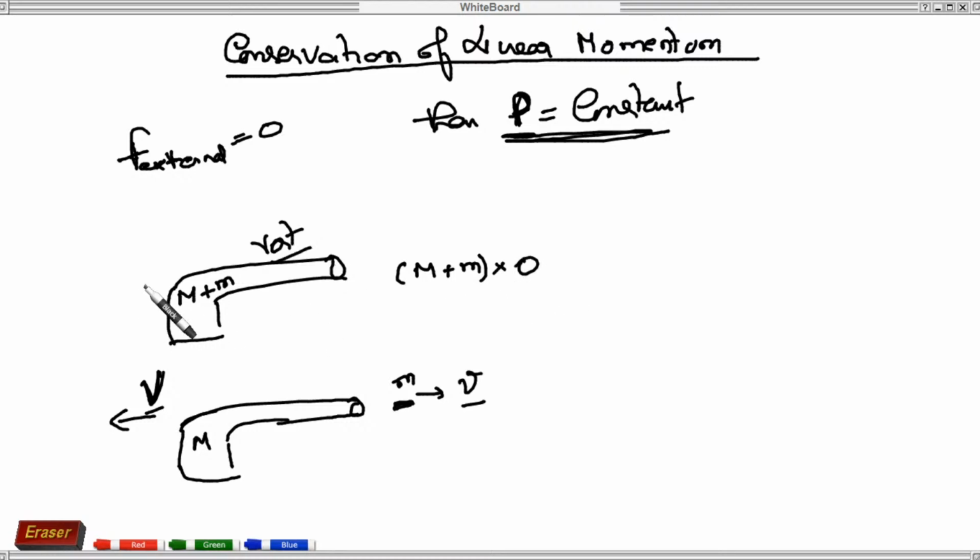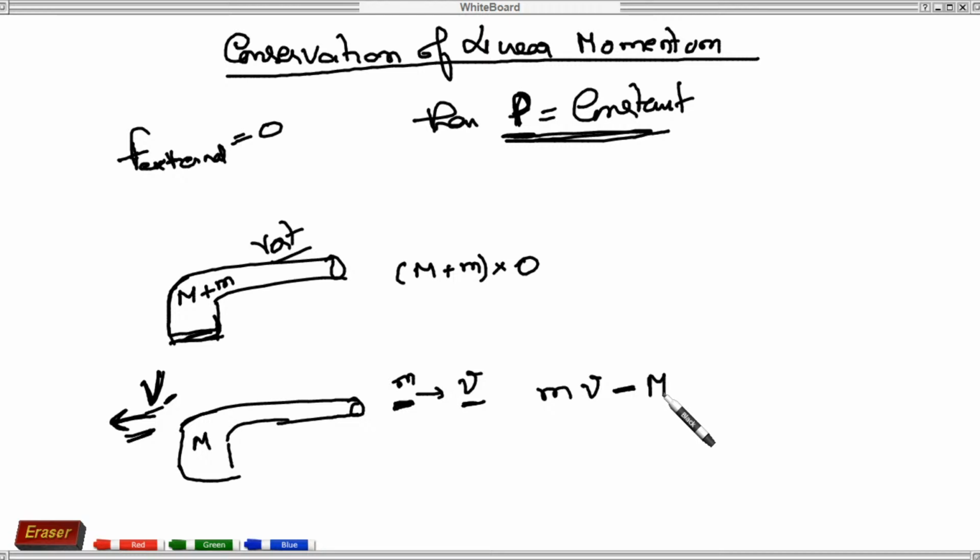and you can see there is no external force. So what happened at the end? The gun starts moving backward with velocity capital V, and the bullet will move with velocity small v. So what is the momentum I told you? m v minus M V, as the direction is opposite, so that's why I put a minus sign here.